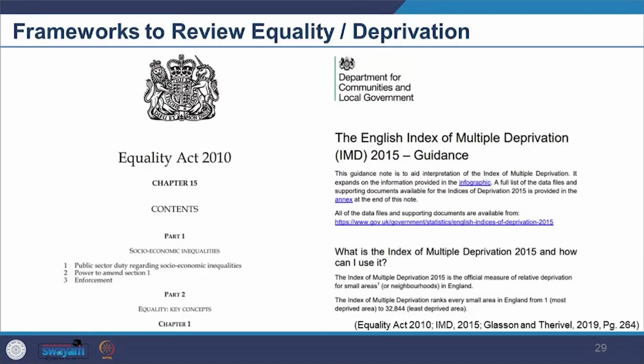What could really happen if they have mobility or they don't have access to mobility? There are also legal frameworks, such as the Equality Act in UK, which makes provision to review differently abled people while reviewing the impact. So these frameworks are available now. There is also the Index of Multiple Deprivation. So IMD is also available to review such kinds of things.